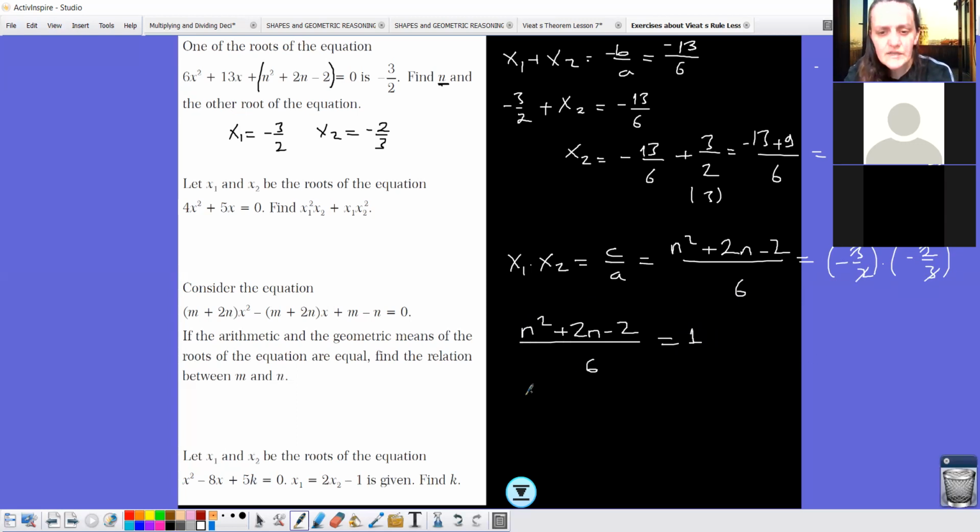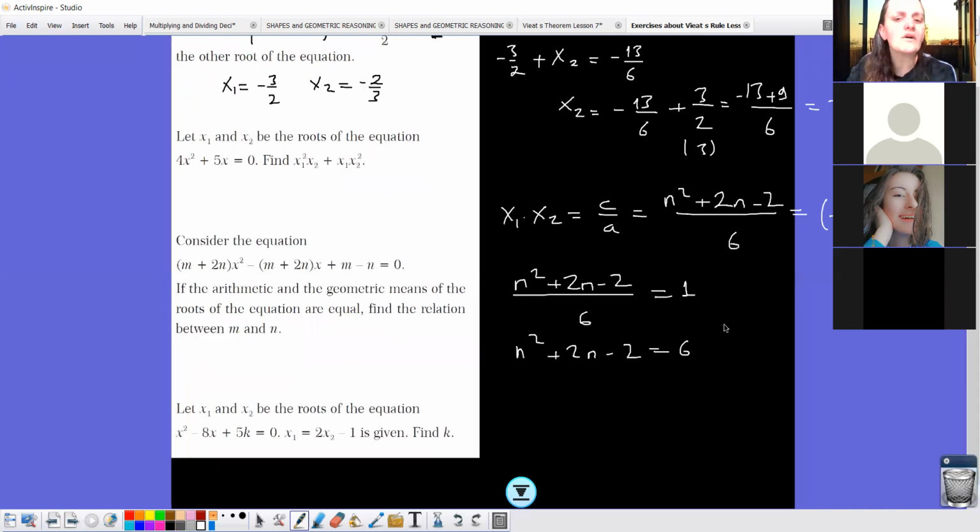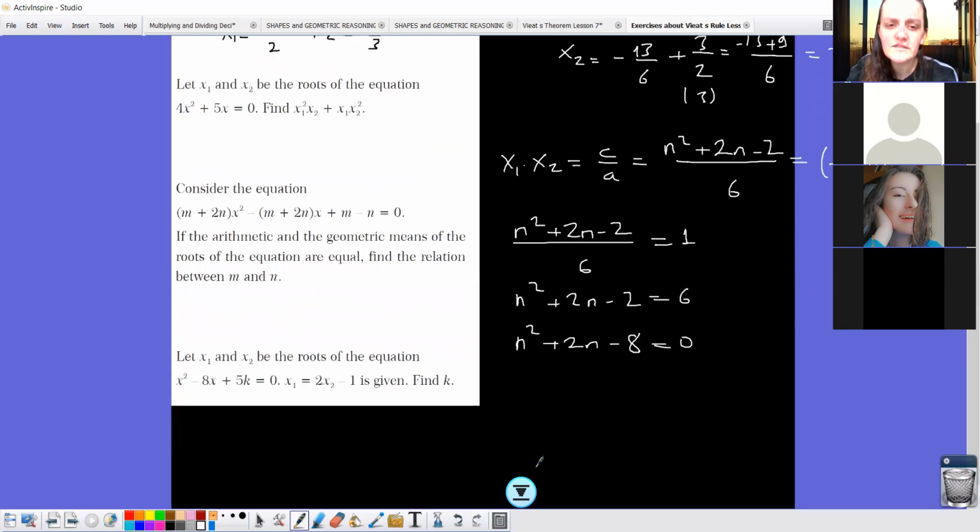With a cross product, we get n squared plus 2n minus 2 is equal to 6. Now, if I write in standard form, n squared plus 2n minus 2 minus 6, which is minus 8, is equal to 0. Now, can I factorize this one? Yes, n times n, with 4 and minus 2.